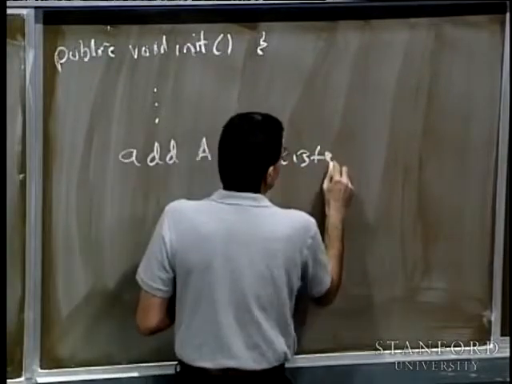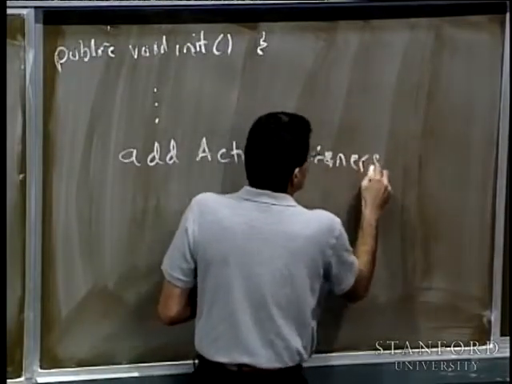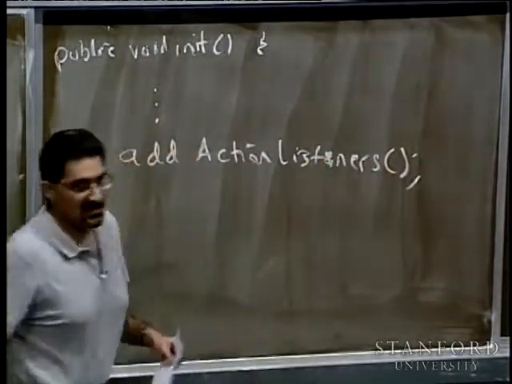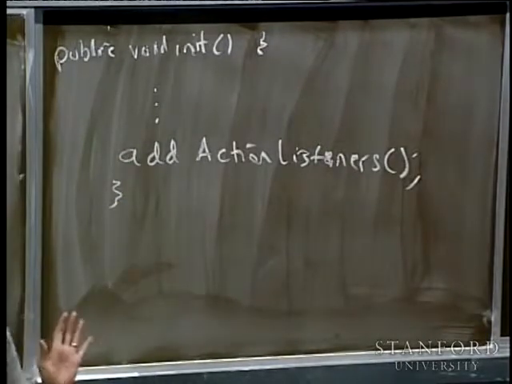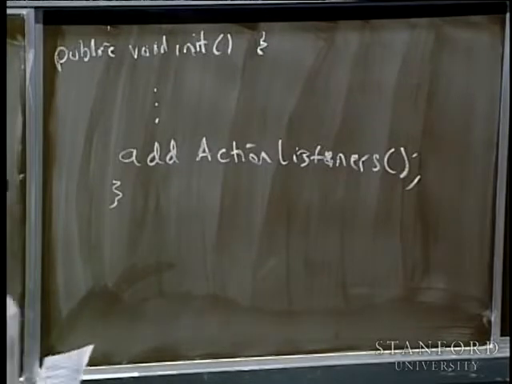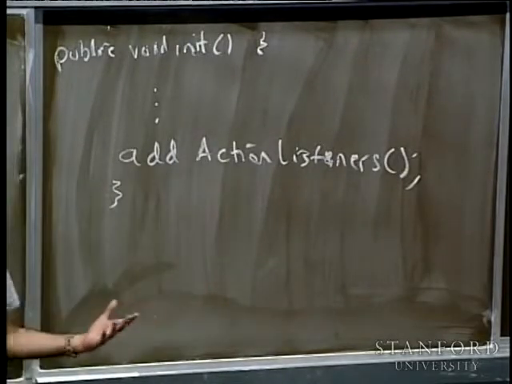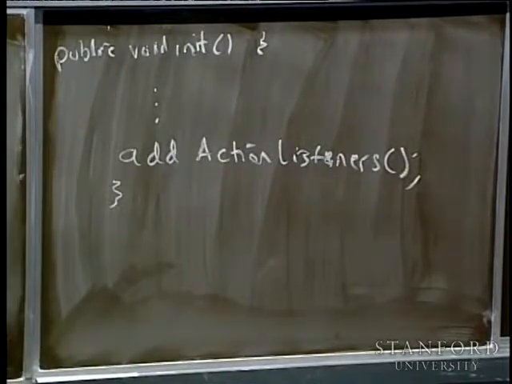And what this would do is basically say, hey, I got some buttons in my program. I want you to be listening for buttons. So when someone clicks on a button, I want you to call a particular method for me called action performed. And then based on when you call action performed, I'll figure out what button was clicked and then actually do something. Okay?